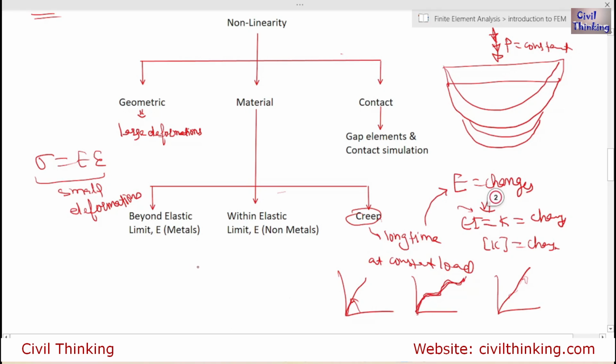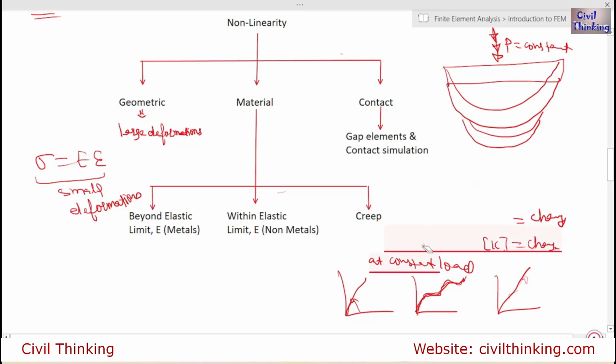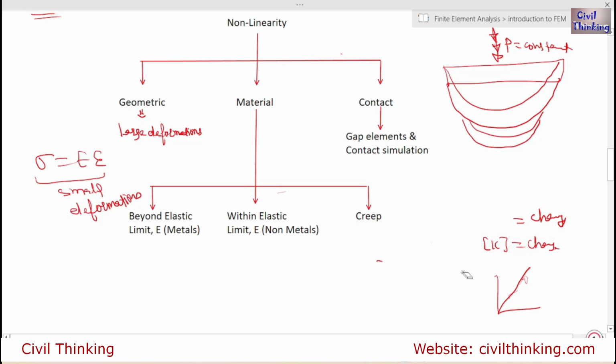Then we have contact. Now in case of contacts, what happens? Let me erase this first. Now there are two kinds of contacts: there is a gap, and there is contact.